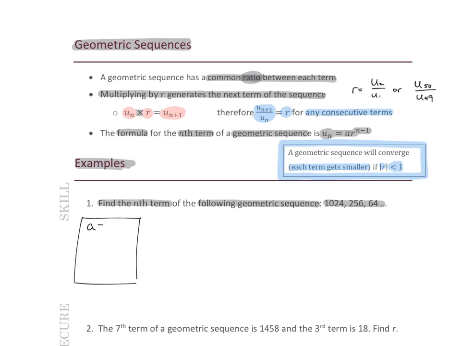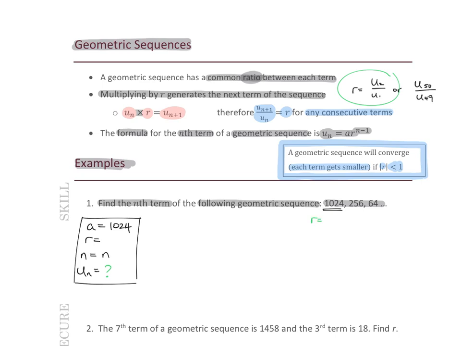Now, in here we have a, but then we have r, we still have n for the number of terms, and we still have un for the nth term. Now this is what we're trying to find, and because it's the nth term, we're actually going to have n in our formula, so n is going to go there. Now a is here already, 1024, but what we need to do is find r. Now remember, up here, how we get r is u2 divided by u1.